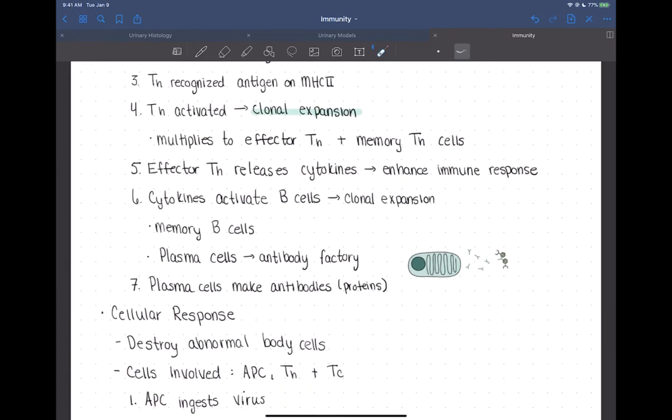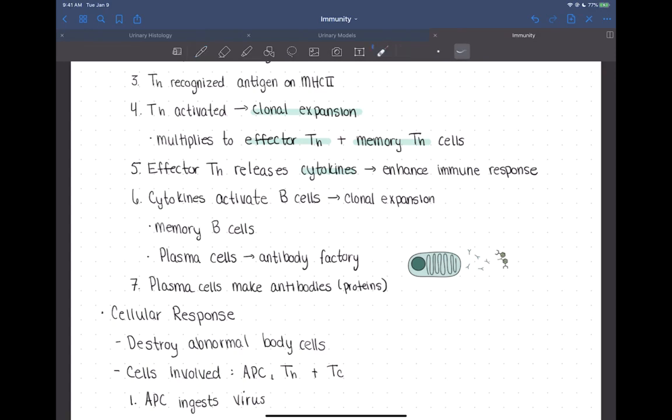Okay, so now those effector T helper cells, now that they're activated, are going to release cytokines. Cytokines are chemicals that function to enhance the immune response. They're going to activate other immune cells, right? They're going to be important for that chemotaxis that draws other cells to the site of an infection.